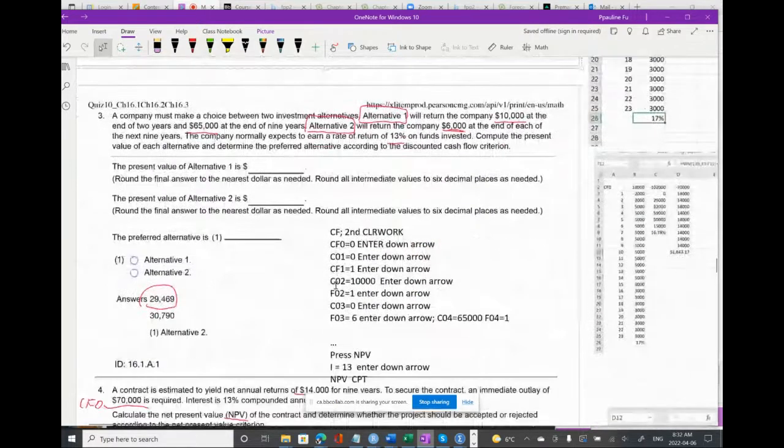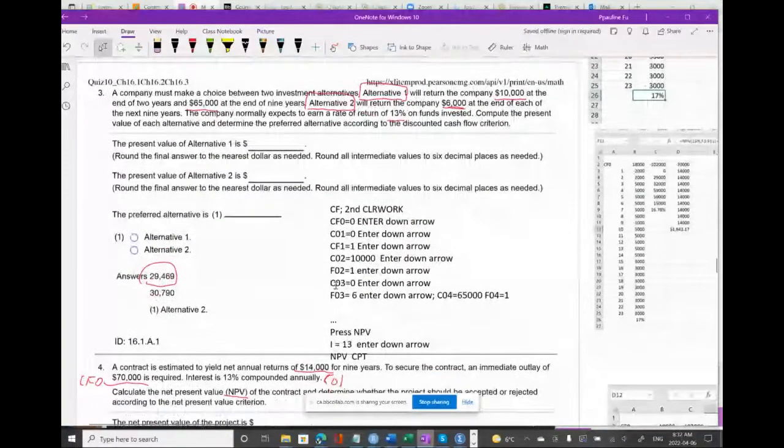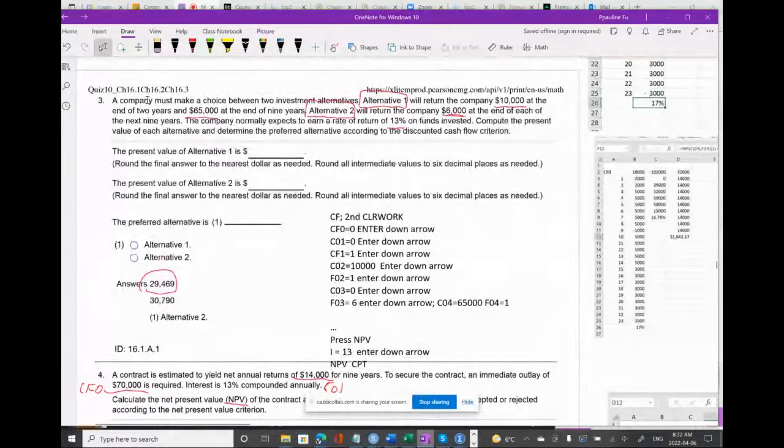Question 3. A company must make a choice between two investment alternatives. Alternative 1 will return the company $10,000 at the end of 2 years and $65,000 at the end of 9 years.